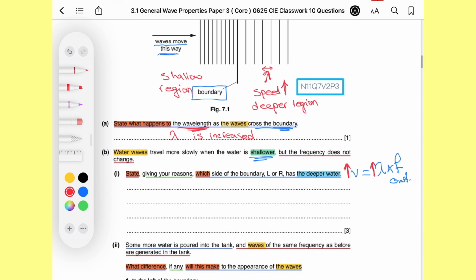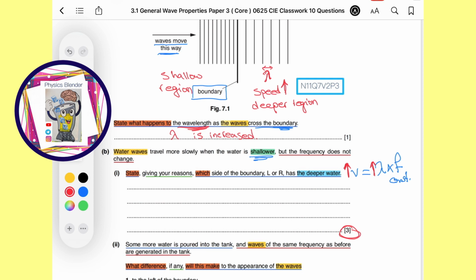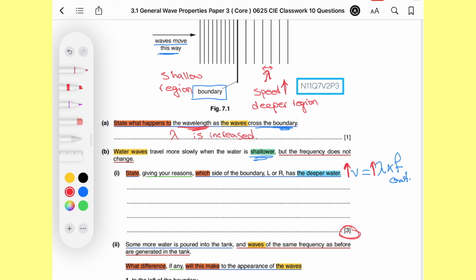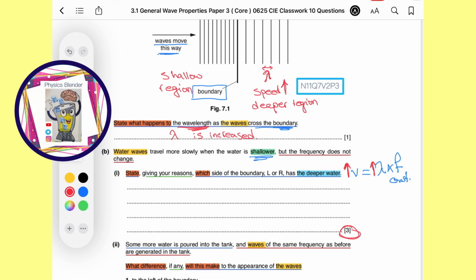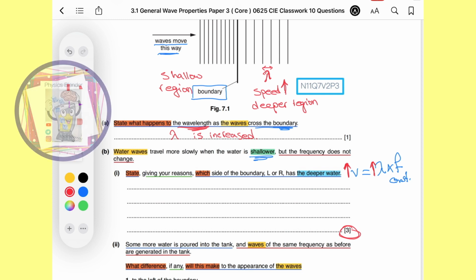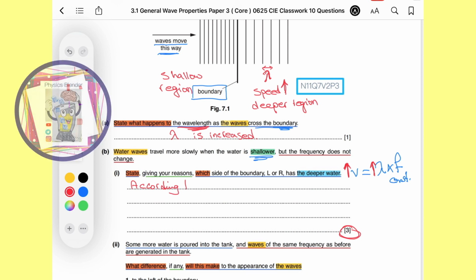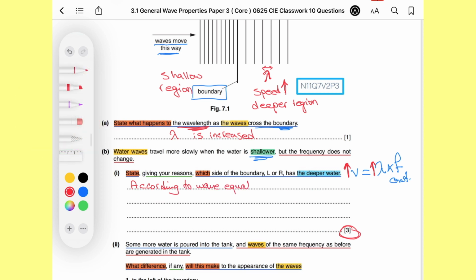So we have to write here, you have 3 marks, so you have to mention clear and complete facts, clear and complete sentences using scientific terminology. Okay, so according to the wave equation, you write down the equation.